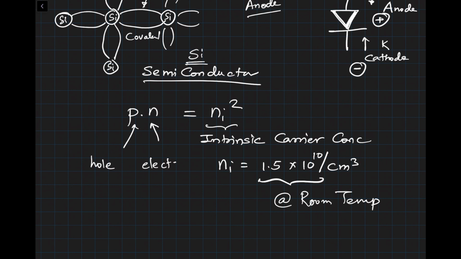By itself, silicon as a semiconductor is not very interesting, because it has only a few carriers which can carry current, and that's why we call it a semiconductor. Now let's say we adulterate this silicon. I use the word adulterate because we are going to make it impure, intentionally impure.